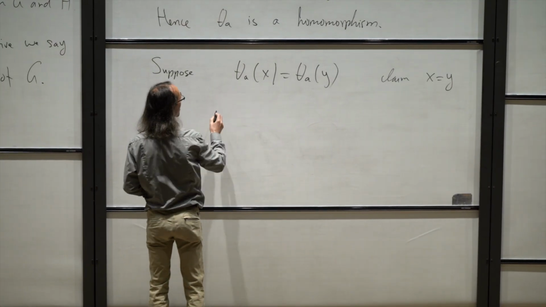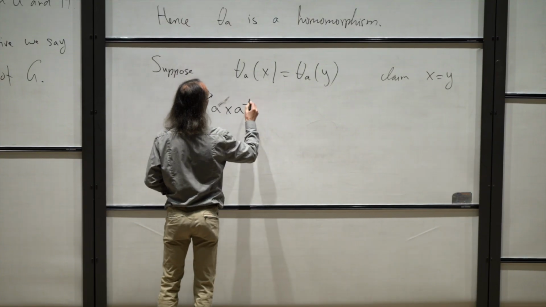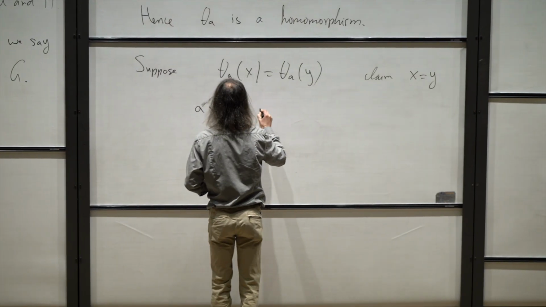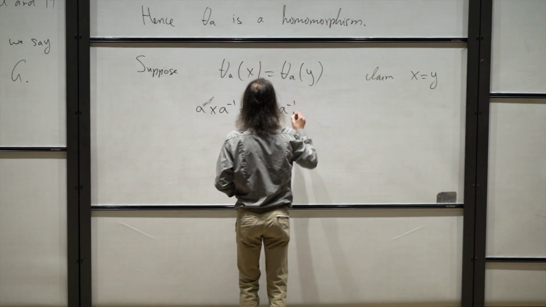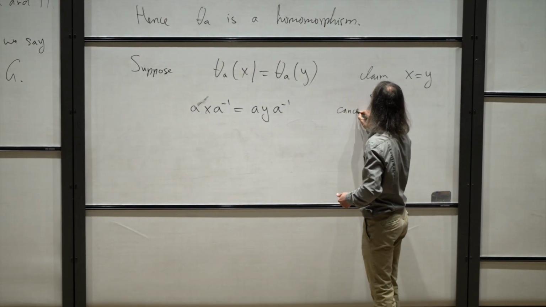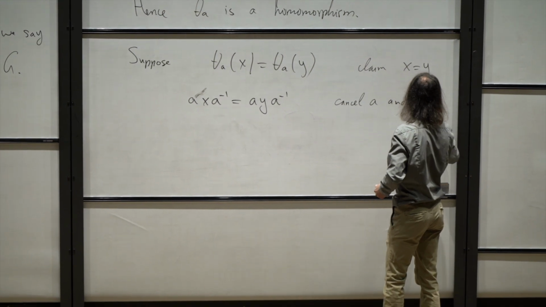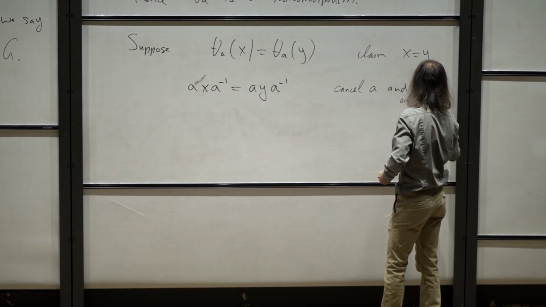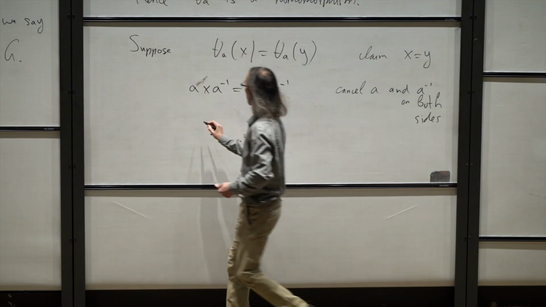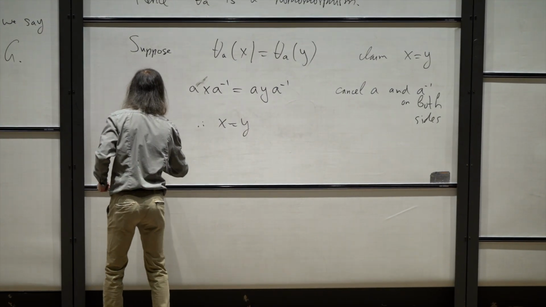Because this means that A x A inverse is equal to A y A inverse. And of course, we can cancel A and A inverse on both sides and deduce that x is equal to y. Therefore, theta A is injective.